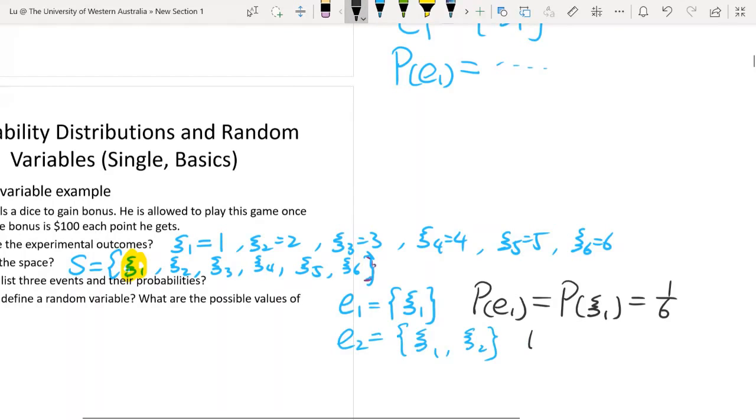Now the probability of the E2 event is equal to, because we have two outcomes contained in the event E2, the summation of the probabilities of the two outcomes, which is equal to 1/6 plus 1/6, that is 1/3.